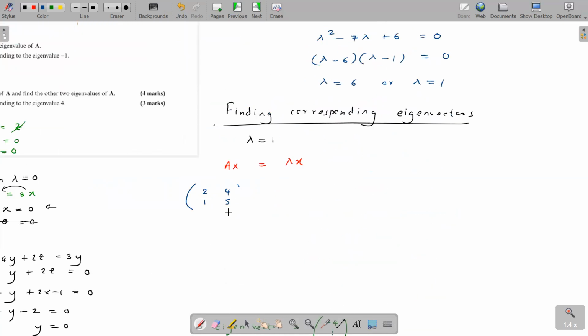And your x is your eigenvector. Since this is a 2 by 2 matrix you are multiplying, it will only have 2 elements. Are you with me? Lambda is 1. When we are working with 3 by 3 matrices, your eigenvector will have 3 elements. Since it's 2 by 2, your eigenvector will have only 2 elements.